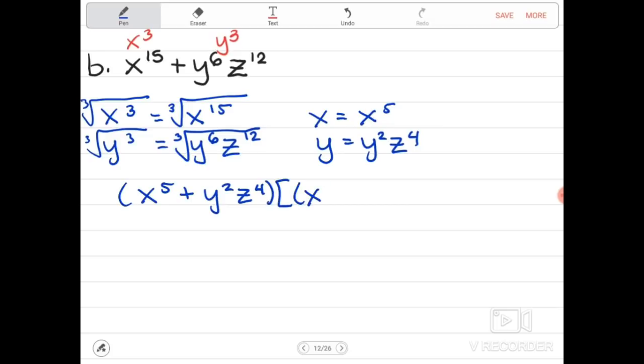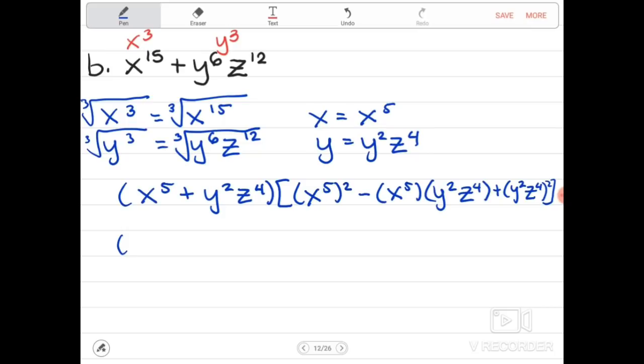Then, we have x raised to 5 squared minus x raised to 5 times y squared z raised to 4. Then we have plus y squared z raised to 4 squared. Okay? Ayan na, simplify na natin.